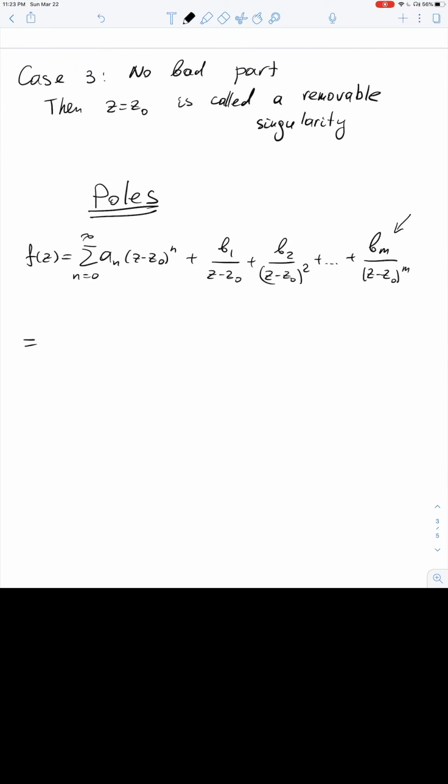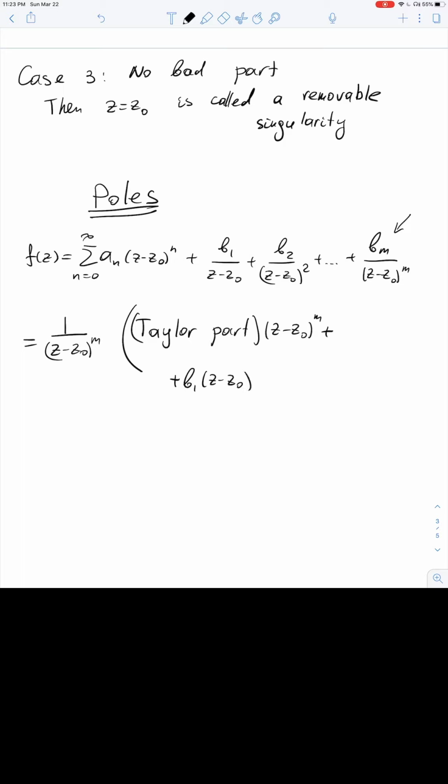My point is that now I can factor (z minus z0) to the power m out, and then what will we get? We'll get the Taylor part of f times (z minus z0)^m plus b1 (z minus z0)^(m-1) plus so on plus b_m.